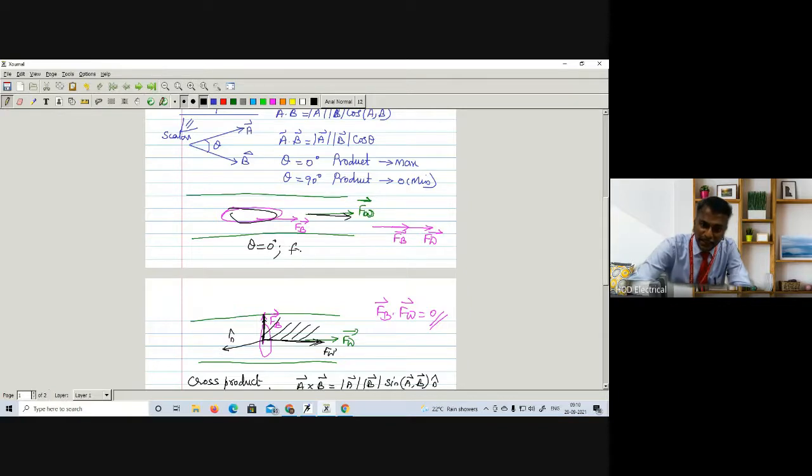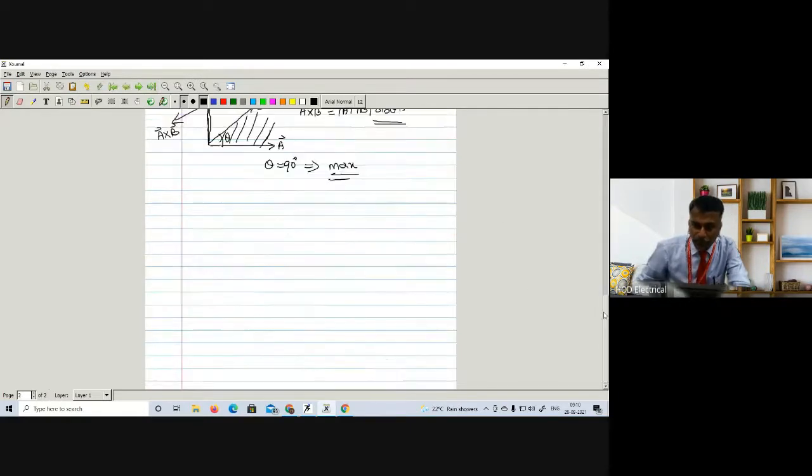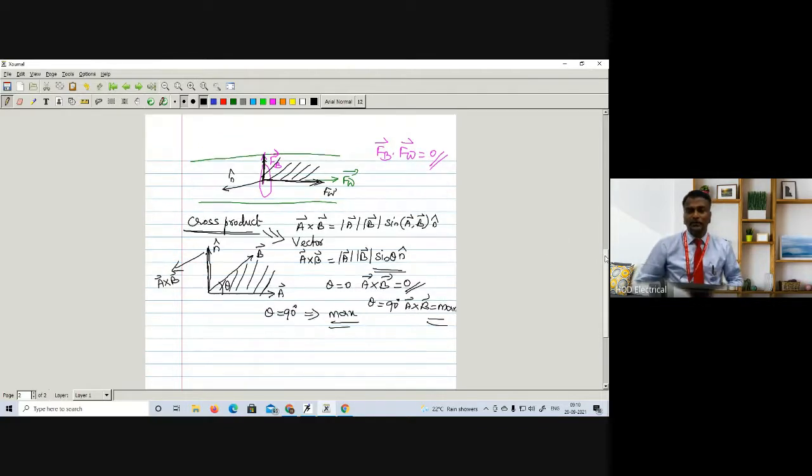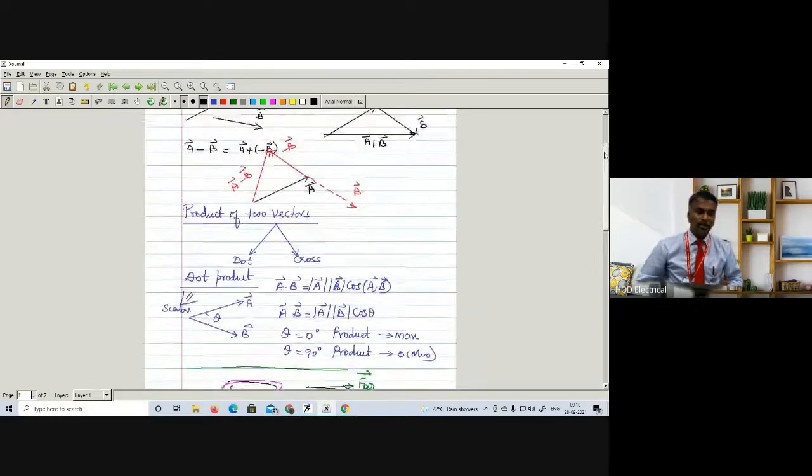So we can conclude: whenever theta equals 0, A vector cross B vector equals 0, and whenever theta equals 90 degrees, A vector cross B vector is maximum. These are the two applications where we can use the dot product and cross product.